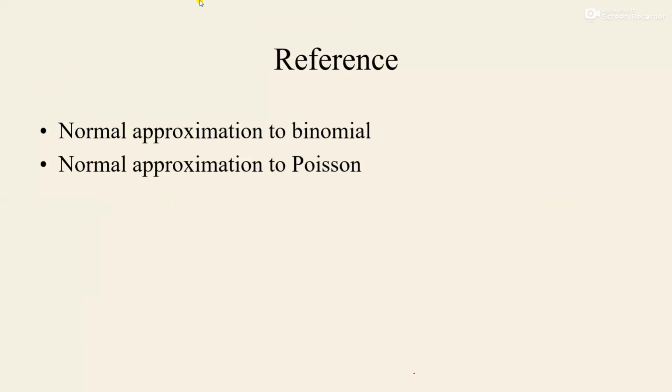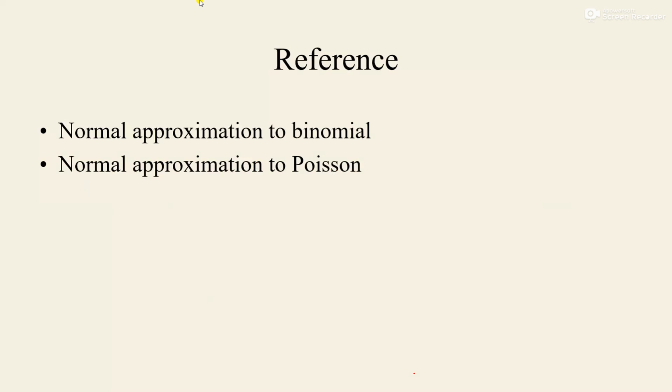And these two things are for the references. When the binomial distribution can be approximated by the normal distribution, what are the limiting values for n and p? If you want to calculate the binomial probabilities using the normal approximation, what will be the value of n and what will be the value of p?